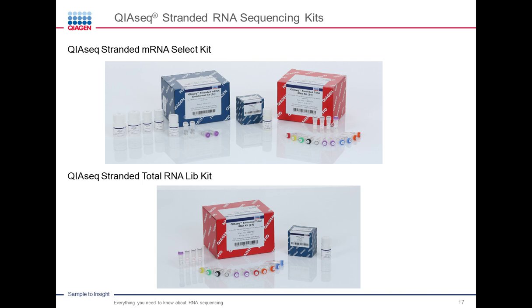And the reason is because we actually have a brand new kit launching basically as we speak here. It's called QIAseq FastSelect, and it's basically a one-step ribosomal depletion method that can be incorporated into either the QIAseq Stranded Library Prep Kit or any of your common library prep kits from Illumina, NEB, Kapa, etc. So if you want more information on the QIAseq FastSelect Kit, certainly send me an email or ask a question about it.